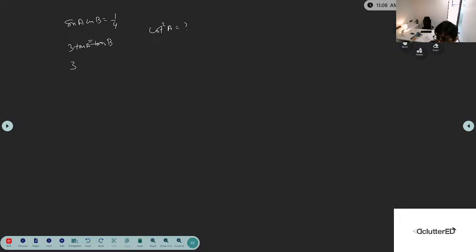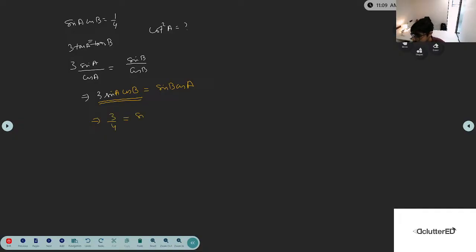So I can write this as 3 sin A by cos A is equal to sin B by cos B. So that will give me 3 sin A cos B is equal to sin B cos A, and this term I know is equal to 3 by 4 because sin A cos B is given. So this will give me 3 by 4 is sin B cos A.